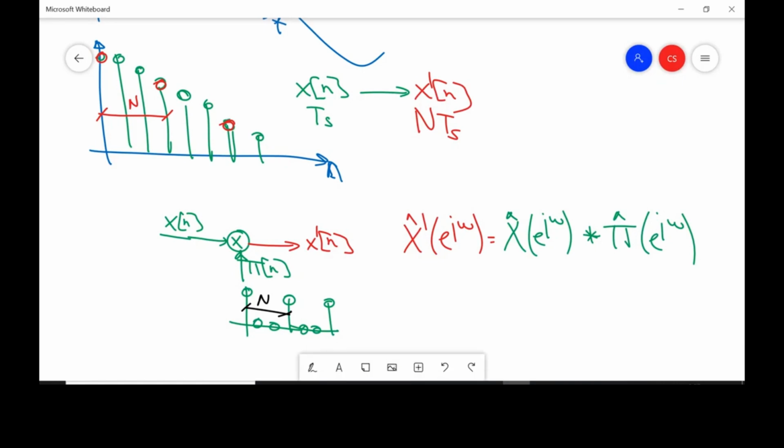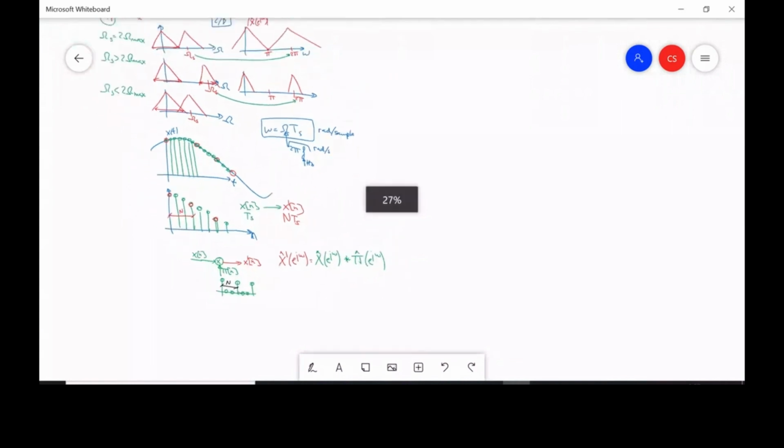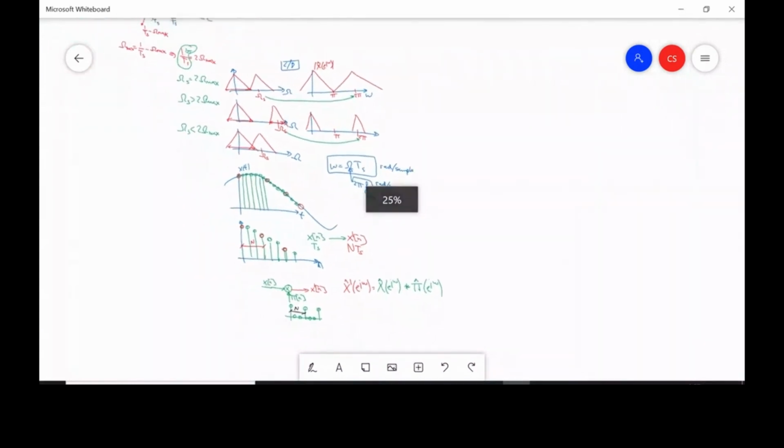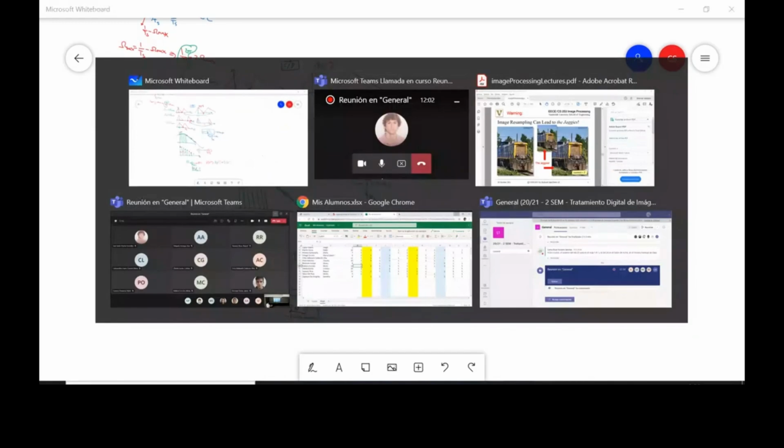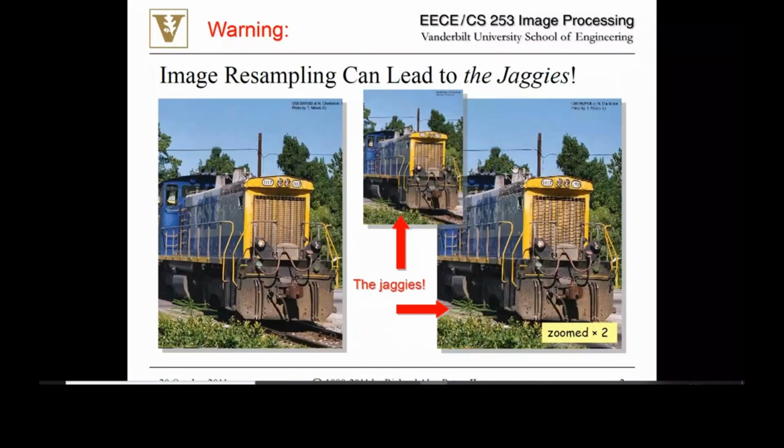Okay, so let's see all this now in the slides. And here we have an example of the aliasing. So we have this image that is discrete.